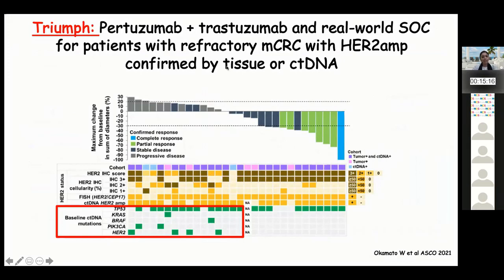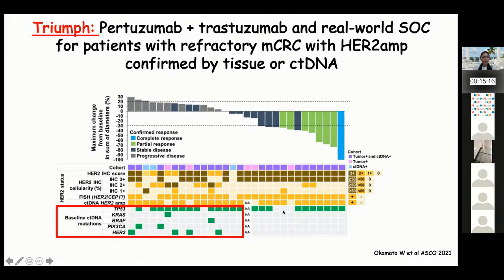And so this is the TRIUMPH study, which I thought was very interesting, which took patients who had been treated with standard of care chemotherapeutic agents and were refractory to these agents, including anti-EGFR, but they had HER2 amplification, and they were treated with pertuzumab as well as trastuzumab. And they underwent both liquid biopsies as well as tissue biopsies to be profiled. And you can see from those ctDNA mutations that some of these patients had acquired a HER2 mutation, KRAS mutation, as well as BRAF and TP53 mutations.